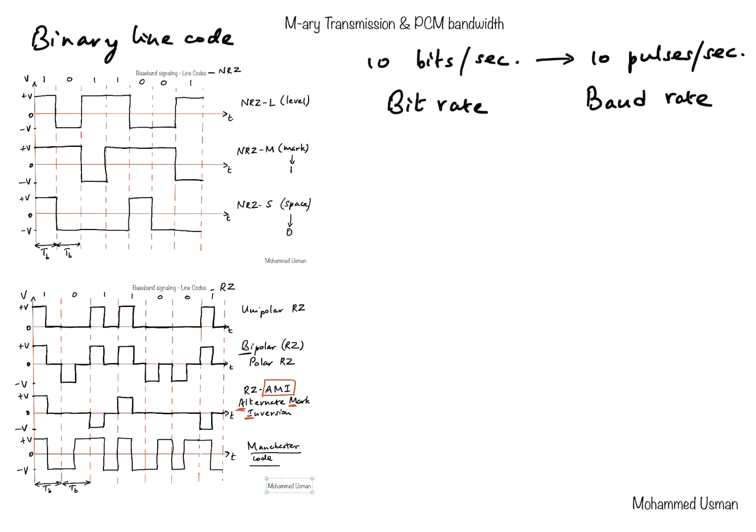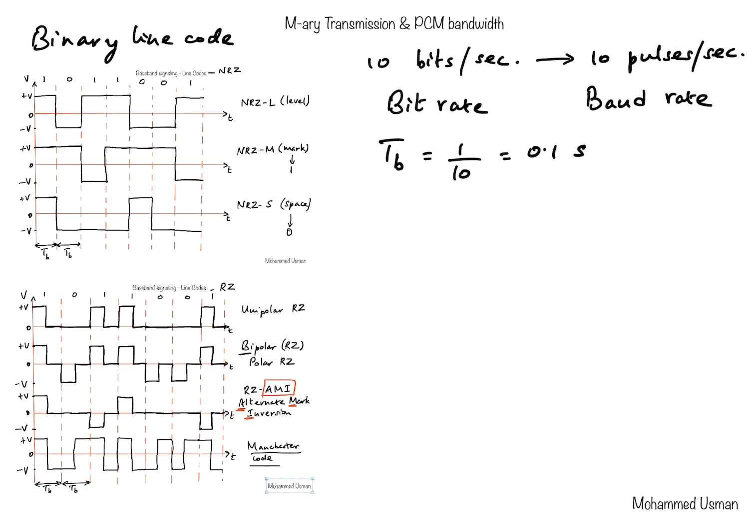bandwidth required for communication. For example, at 10 bits per second, the bit duration TB would be 1/10 of a second, because there are 10 pulses in 1 second. So each pulse would be 0.1 second.